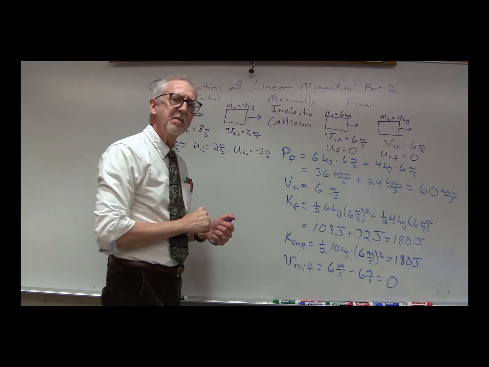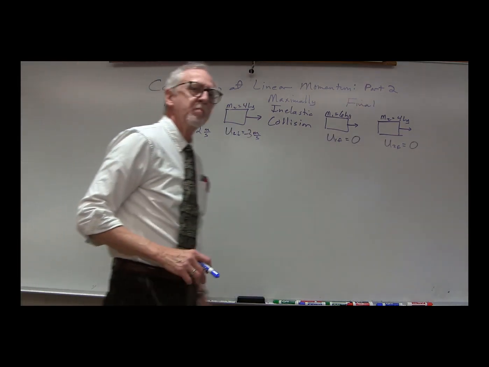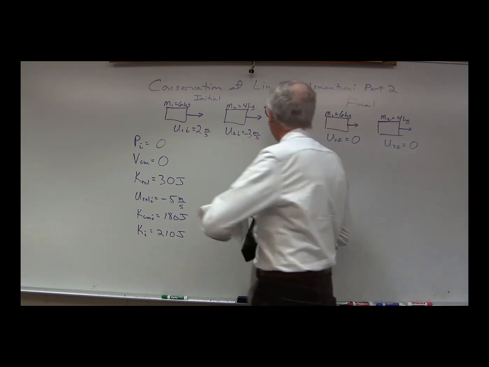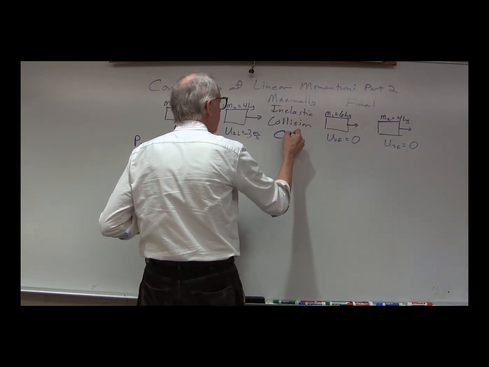Let's take a look at the center of mass frame. Again, we've seen this before. In the center of mass frame, and let me write that down, so this is now in the center of mass frame.